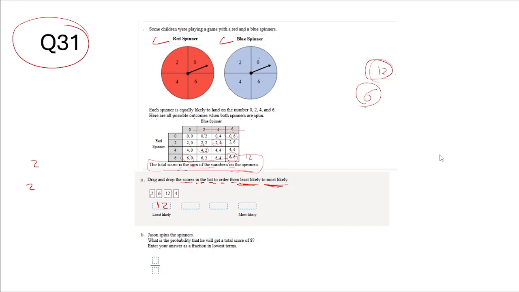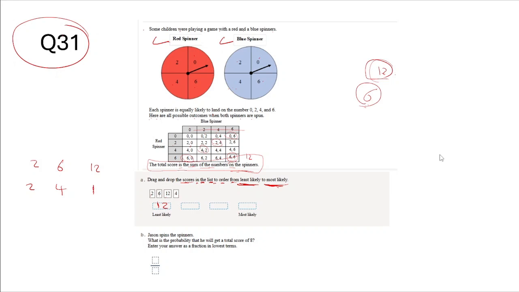Okay, 6. How many times can the sum happen? 1, 2, 3, 4. So 6 will be 4 times. Number 12, only one time with 6, 6, so it will be 1.